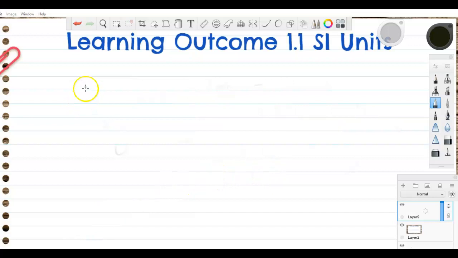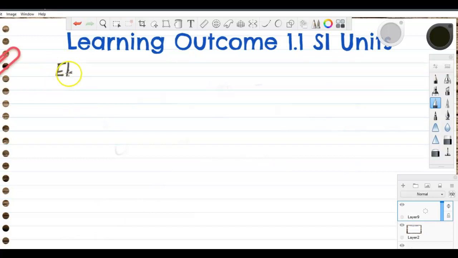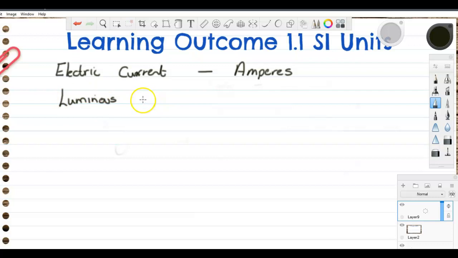So the last couple. We have electric current, which is measured in amperes. We have luminous intensity. For those not in the know, that is light. Now this is measured in candelas.